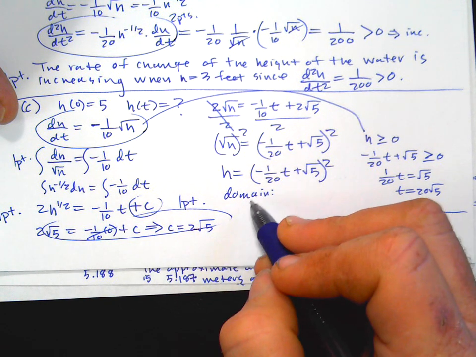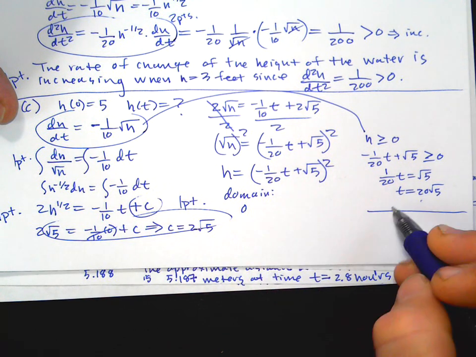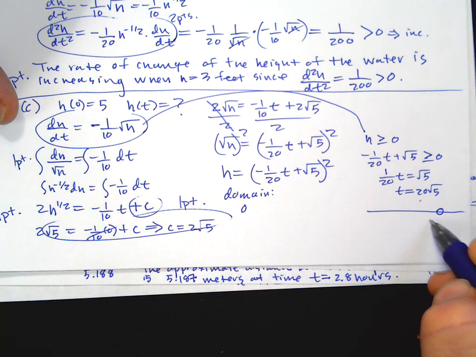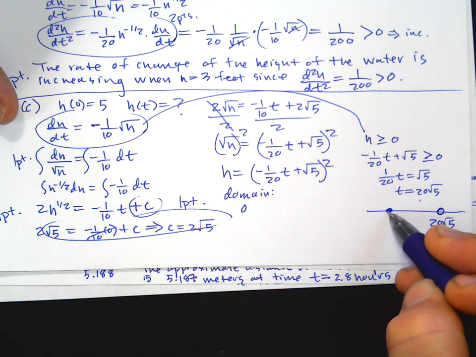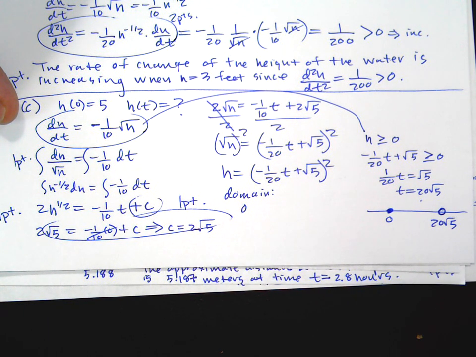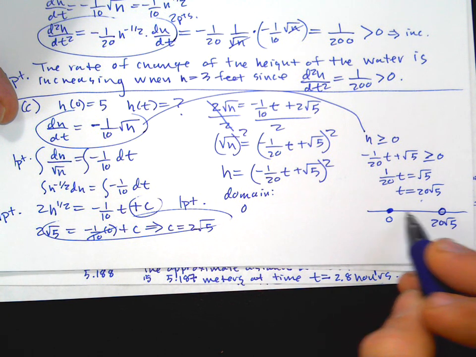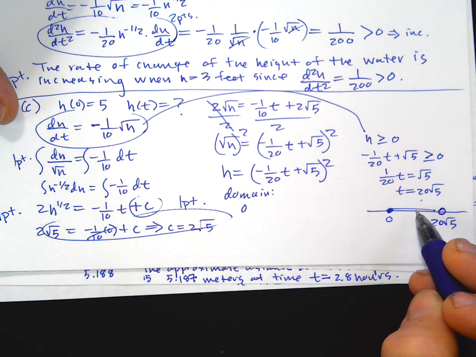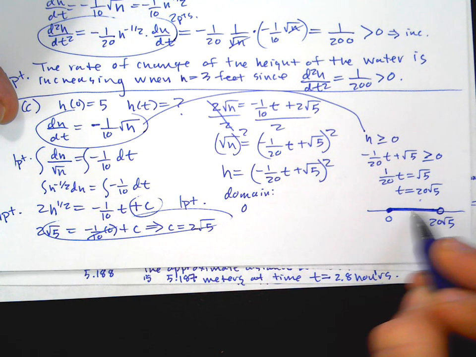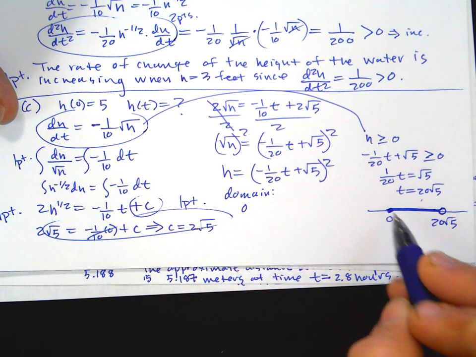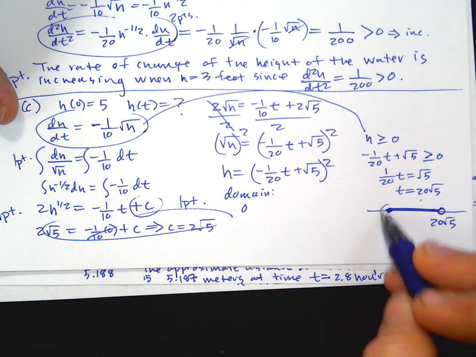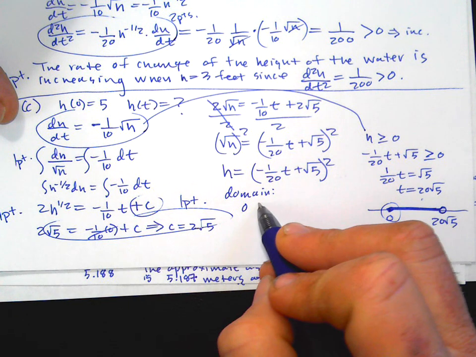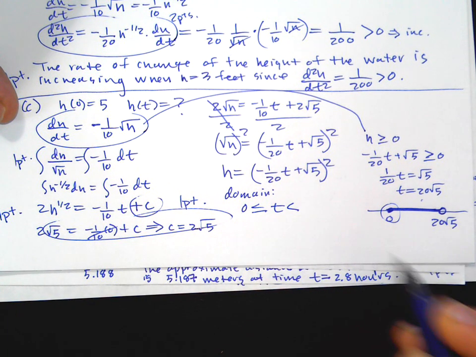So your domain is going to be, now generally, any discontinuity or indifferentiable spot is an open dot because it's going to be a single open interval, but time 0 isn't because of a discontinuity or an indifferentiable spot. It's just a restriction on the problem. And then we want to include the portion of the graph. So, technically the domain would go all the way to negative infinity unless we had this real world restriction that we should stop at that.